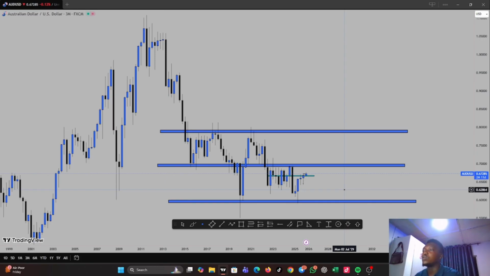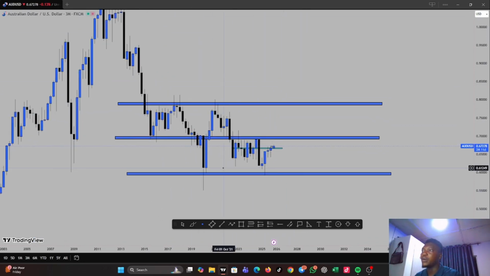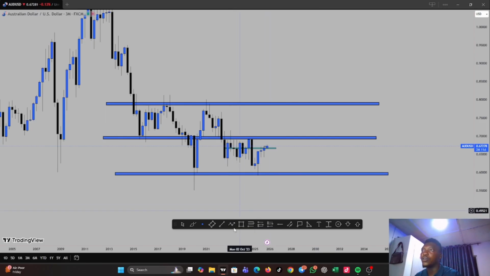One thing you will notice is that most of these pairs are trending to the downside, but currently they've been in a range. Why are they moving the same way? That is the power of currency correlation. So this also, price has rejected aggressively from this support level, and it's looking like we are going to visit this technical level of resistance.